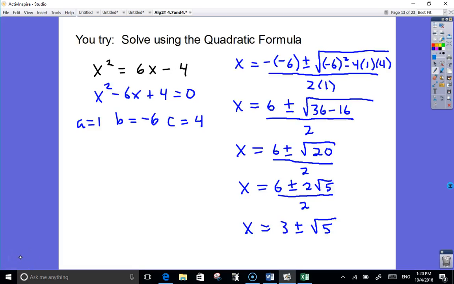So the one thing where we get weak, and this is really basic math, is that because 2 is dividing both terms in the numerator, you can cancel. The 2 goes into 6 to give you a 3, and the 2 cancels with the 2 in front of the square root of 5. If you like, you could write it as 2 terms first: 6 over 2 plus or minus 2 times the square root of 5 over 2.